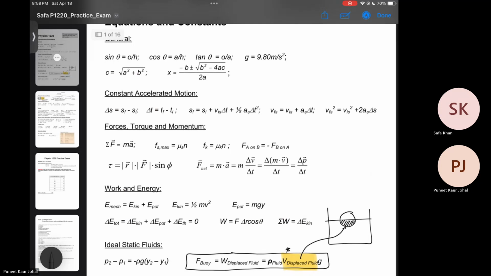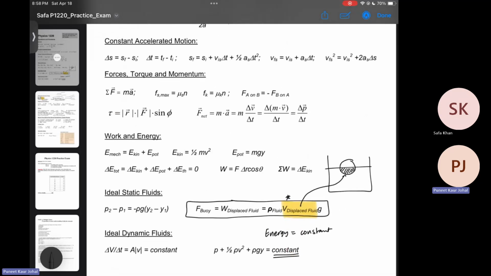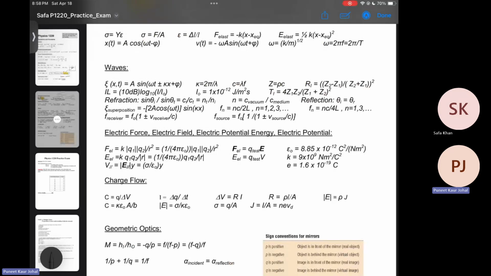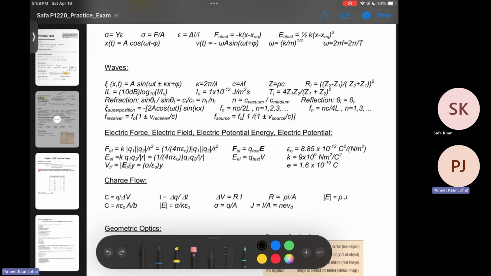Work energy. No, not here. Rings aren't here. Probably waves. Yeah, this is a more complicated version of the same thing we just did.